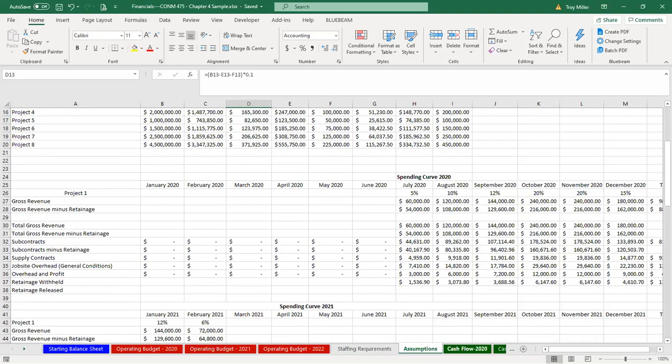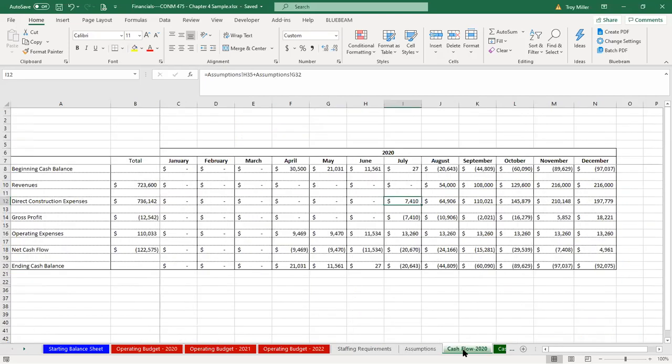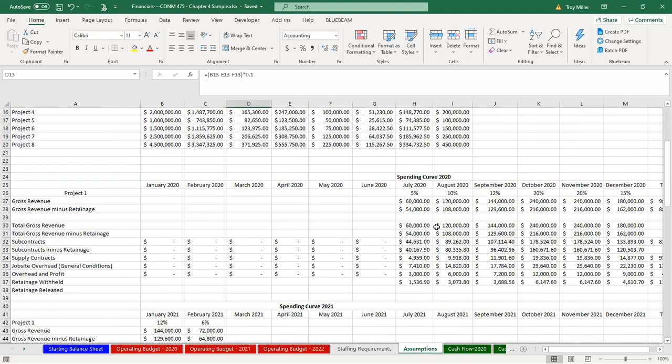Okay, I think I actually have a problem here in my cash flow because in July, I'm showing that I'm spending $7,410, and that should have come from my original expenditure. Yeah, so that $7,410, that's actually what I'm spending on the job site overhead.